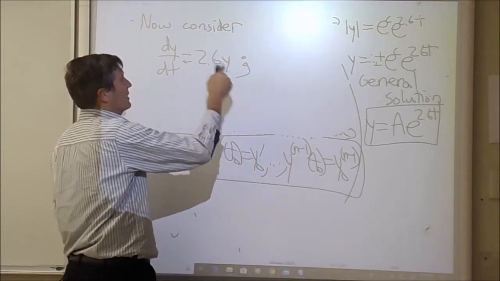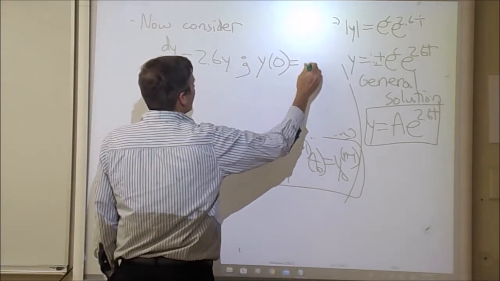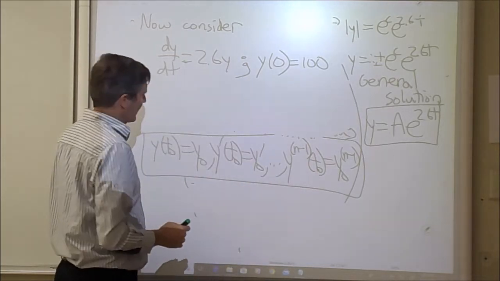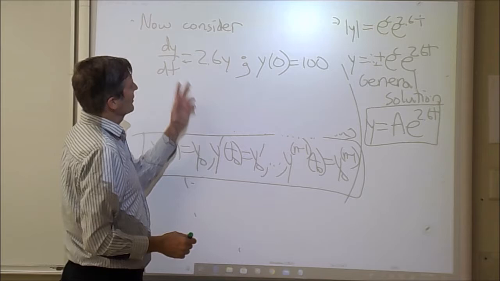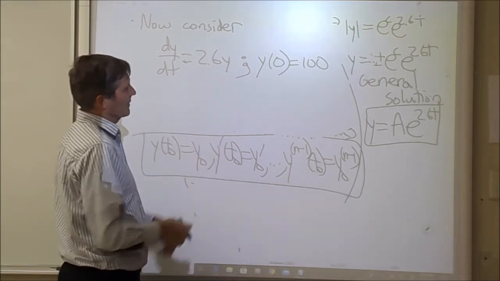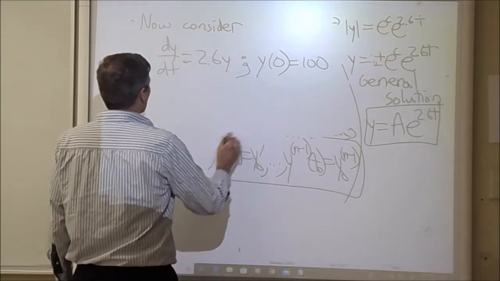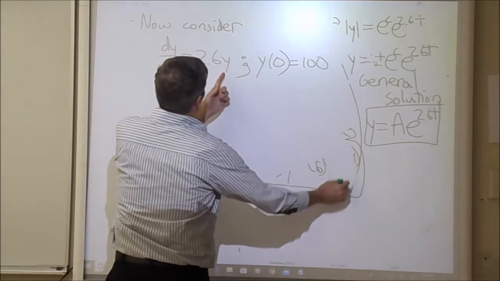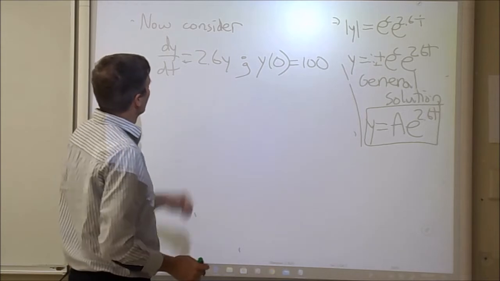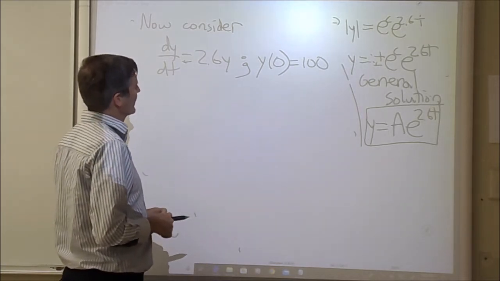Since it's a first order equation, I only need one initial value. y at time 0, let's say, is 100 people. Initially you start with 100 people. And how many become infected if each person infects 2.6 others in some time period, and they infect 2.6 others, and 2.6 others? You get this kind of growth model, where the rate of increase of the infected is proportional to the number of people currently infected times 2.6.